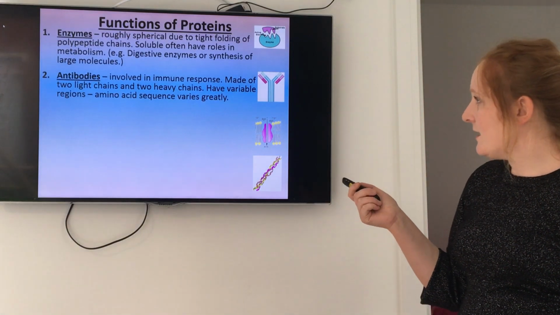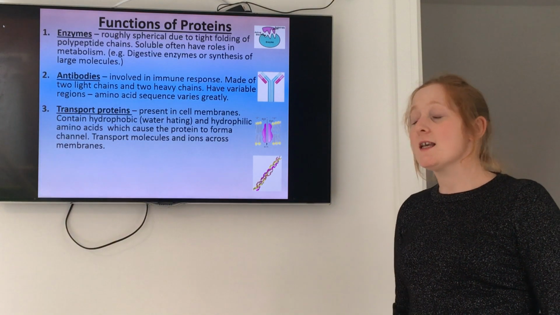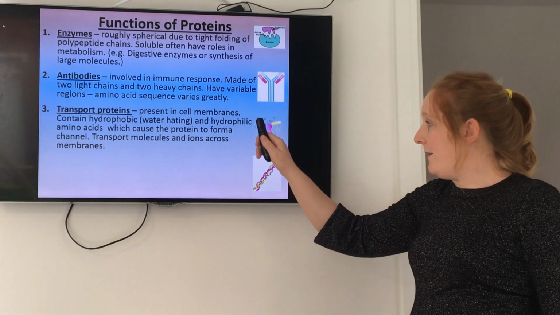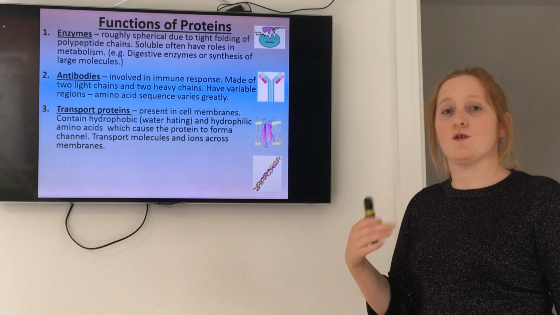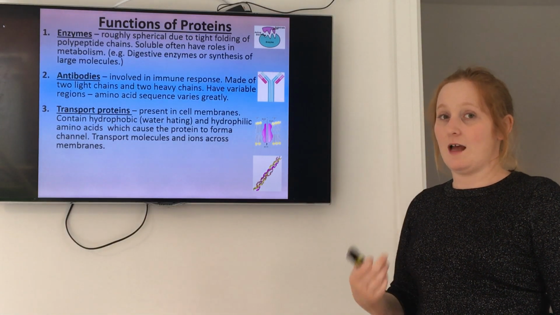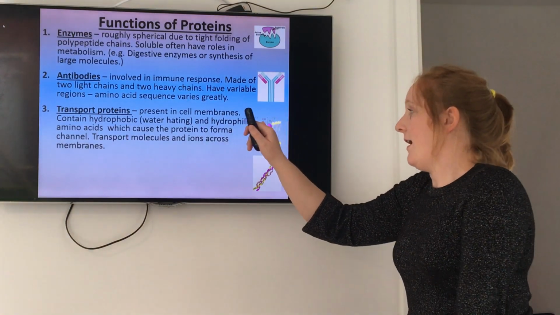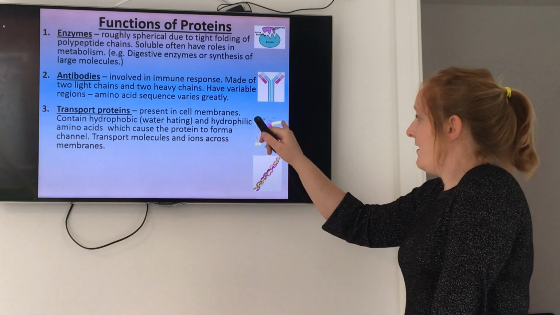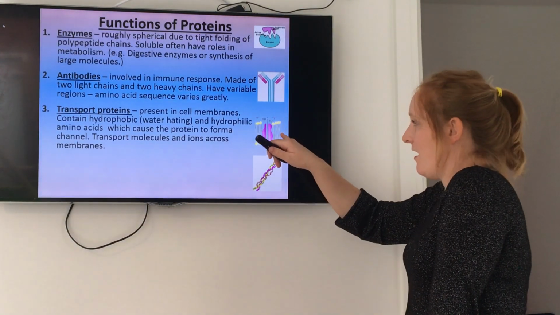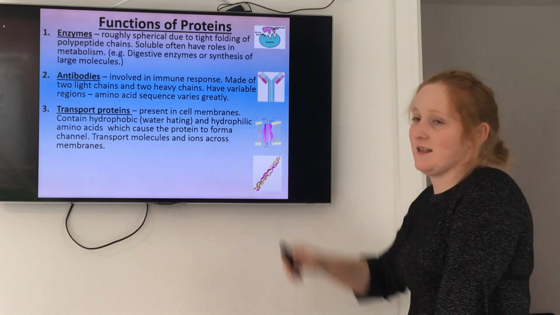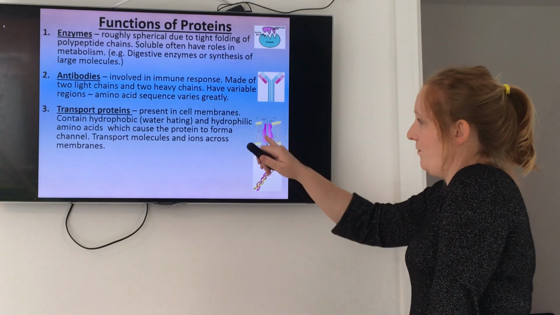So that's antibodies. Then we've got transport proteins such as channel proteins. You can see here in pink, they help to get polar molecules through the cell surface membrane, because as you know, in the phospholipid bilayer the phosphate heads are hydrophilic and the fatty acid chains are hydrophobic, and therefore they form that bilayer.